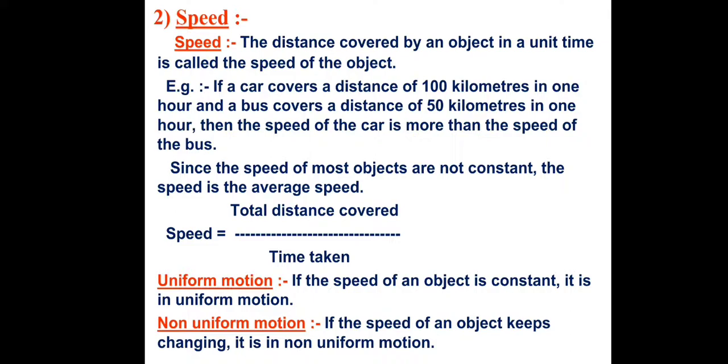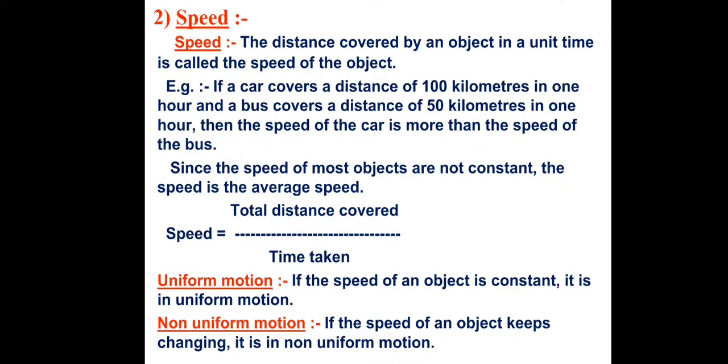So the most convenient way to find out which of the two or more objects is moving faster is to compare the distances moved by them in a unit time. Thus, if we know the distance covered by the two objects in an hour, we can tell which one is slower.